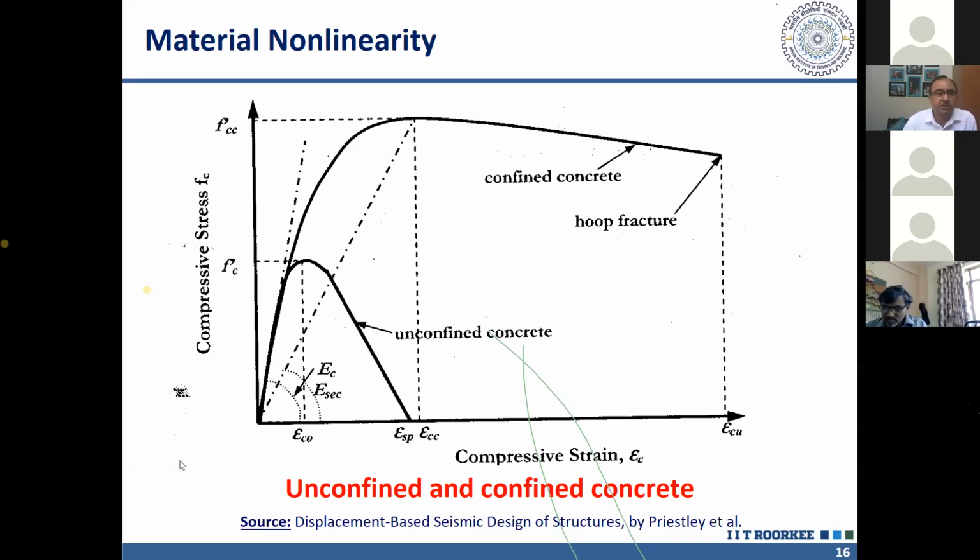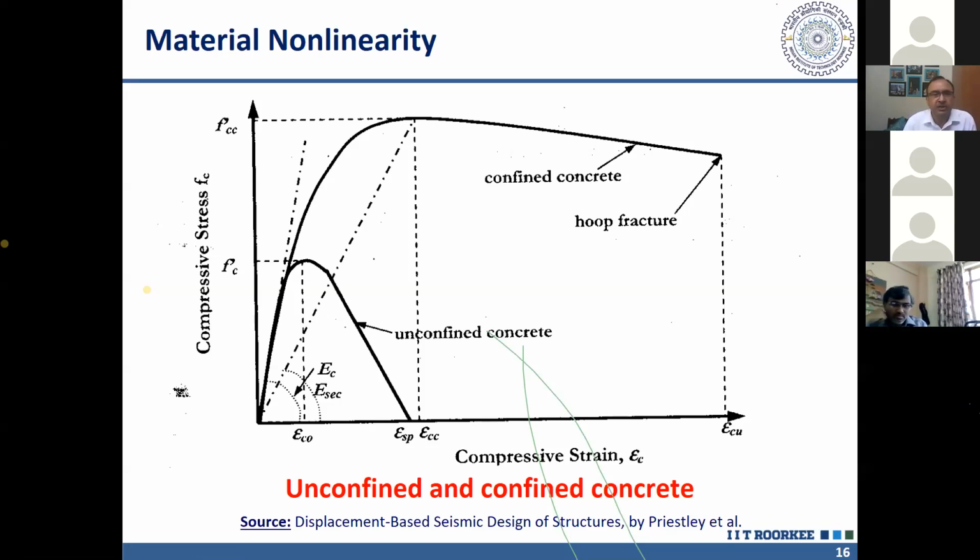Now here you see this curve, this smaller one. This is for unconfined concrete. We know that in unconfined concrete, the peak strain reaches around 0.002, and the ultimate strain is of the order of 0.004. In our code, it is taken as 0.0035. In some cases, it may go up to 0.0045. So 0.0035 to 0.0045 is the range.